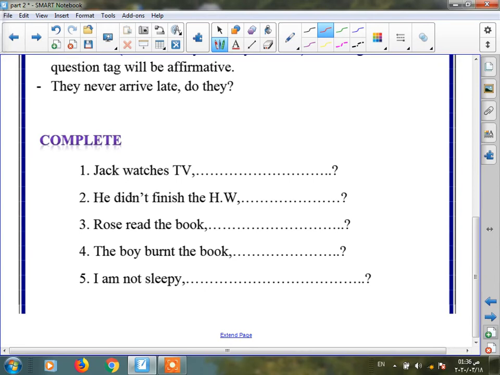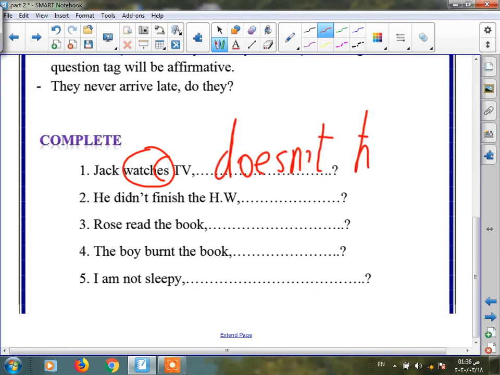Number 1, you have to circle your verb. Our verb here is watches. And we have at the end of it, ES. That means it's a present. And you have to take care and put in your mind that your sentence here is positive. So here I should write doesn't, and Jack is a boy, so I'm going to write he.